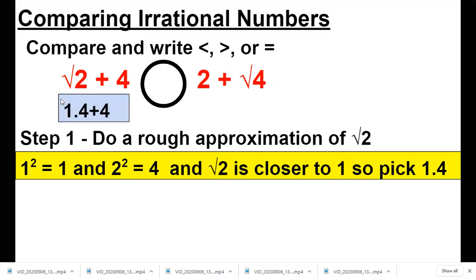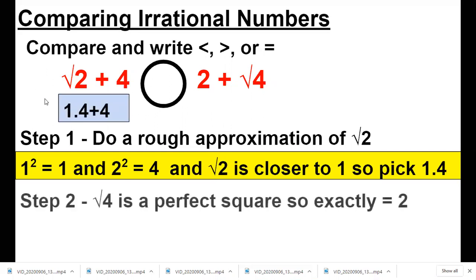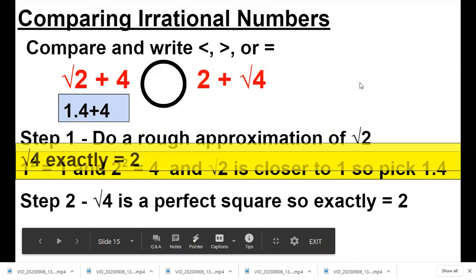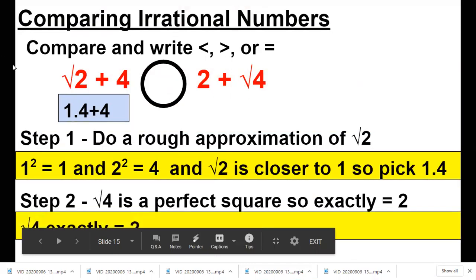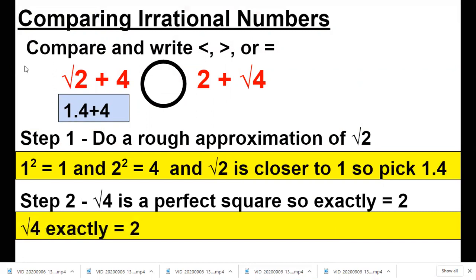There we are. And now we have to do an approximation for square root of 4, but we know that square root of 4 is a perfect square, so we really don't have to approximate anything. We know that it is exactly 2. So square root of 4 is exactly 2.